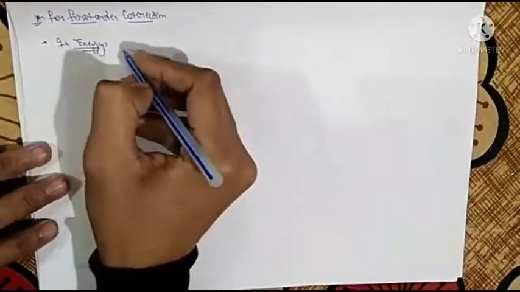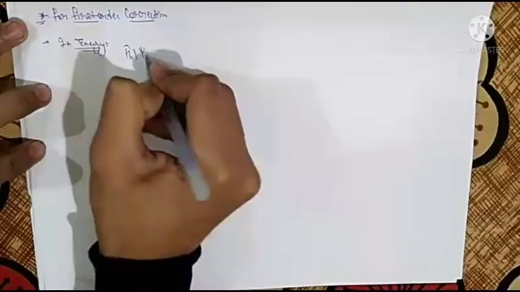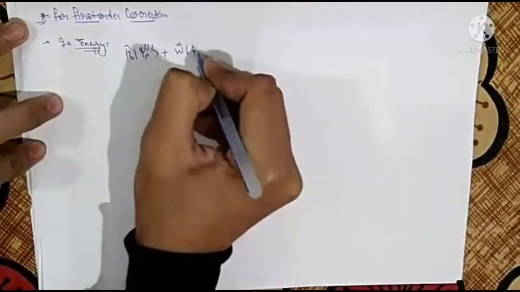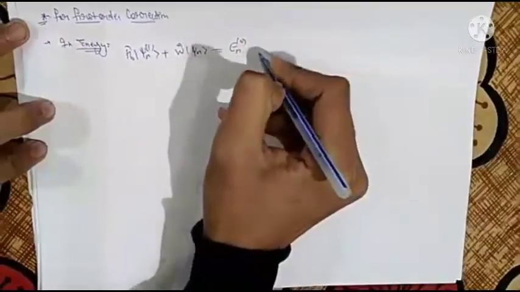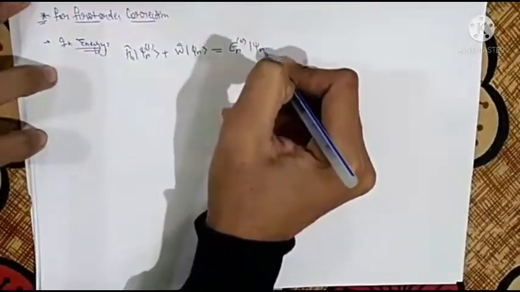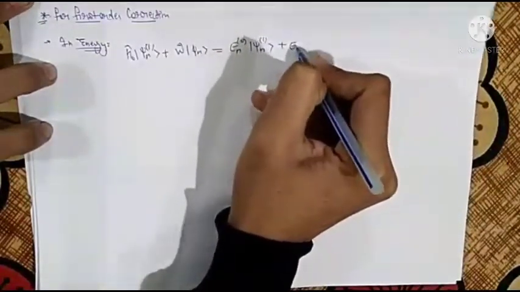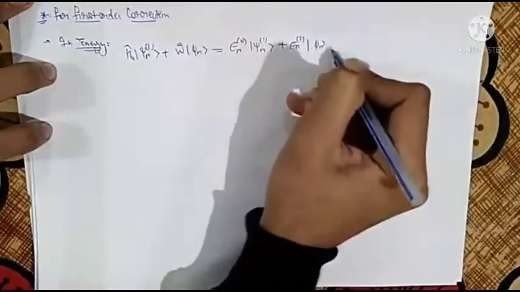So let me write this equation here. It is h naught psi n1 plus W phi n is equal to E n naught psi n1 plus E n1 phi n. So this was equation number B.